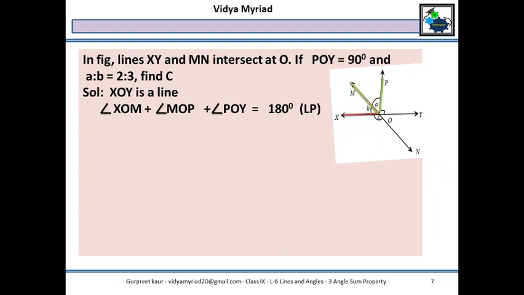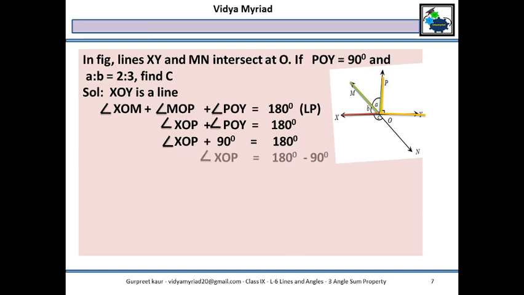All three angles are formed on a straight line. XOP is the combination of both angles, XOM plus MOP is equal to XOP. So XOP is also 90 degrees.